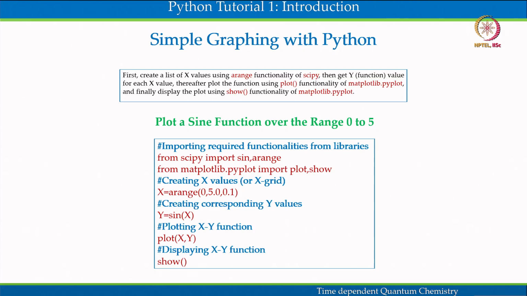And in this session we will go over simple graphing tools, how to plot a mathematical function for our visual inspection. So the procedure is the following. Previously we have seen how to create a list, and that list can be used as the x-axis, like we had 10, 20, 30, this way we prepared the list.